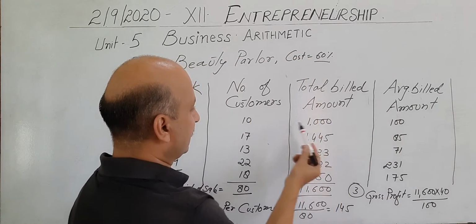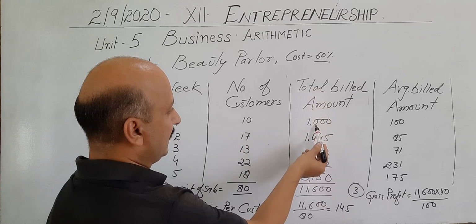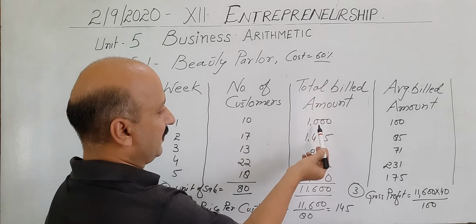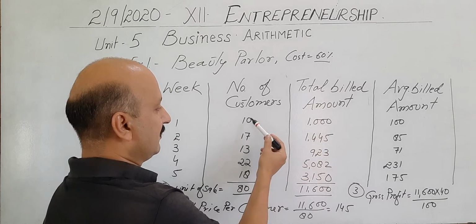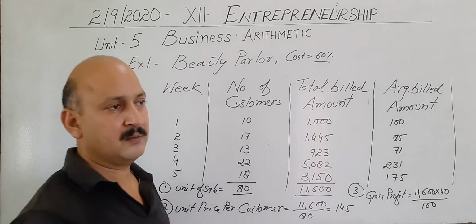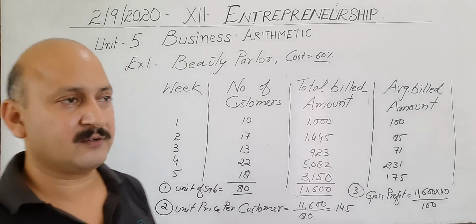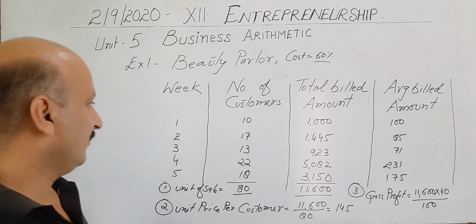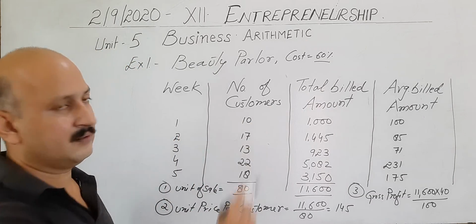Average billed amount is calculated by dividing the total billed amount by number of customers, means 1000 is divided by 10, so average billed amount is 100, means the average of sales for the first week is 100.